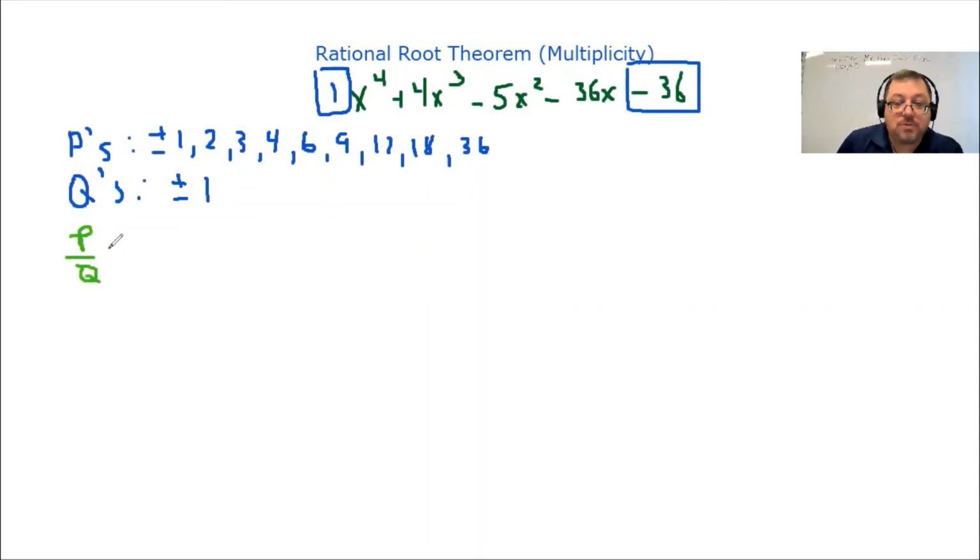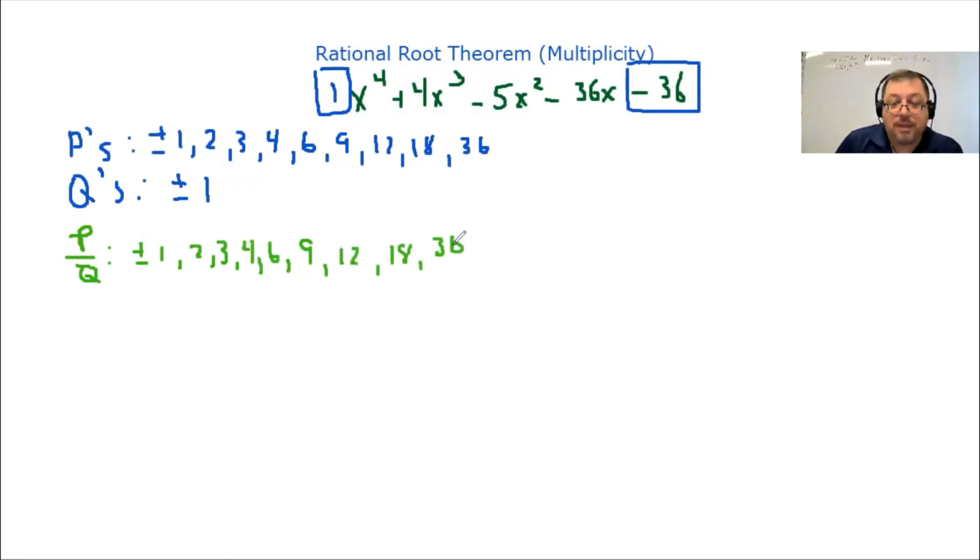This is what the rational root theorem tells us. Our possible roots are P divided by Q. So they are plus or minus 1, 2, 3, 4, 6, 9, 12, 18, and 36.